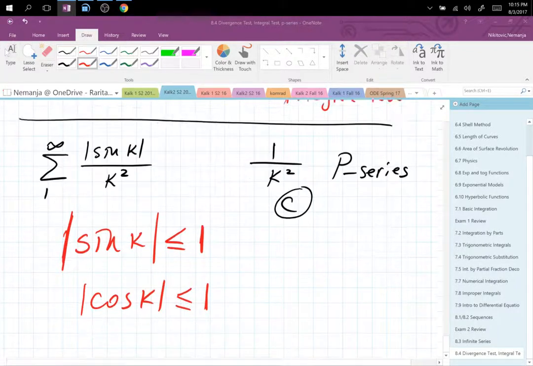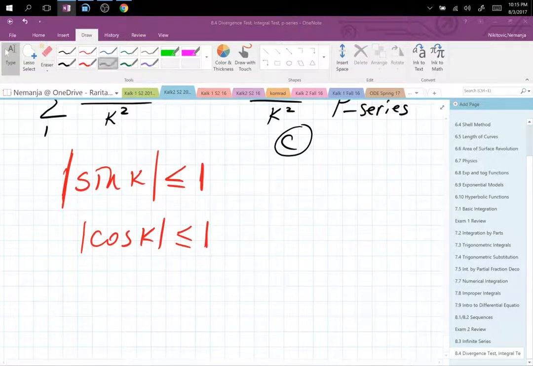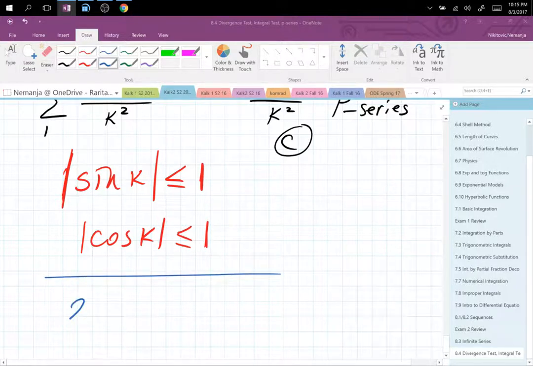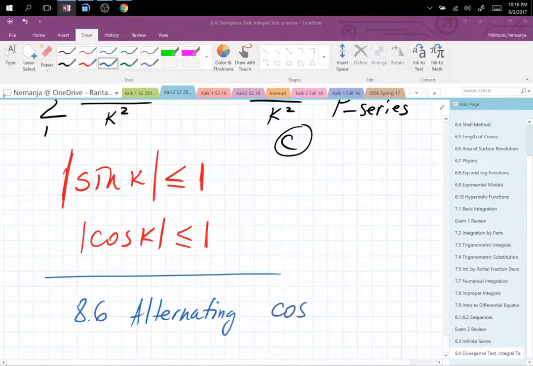Yes. There is a part that we are going to cover in section 8.6 on alternating series. You already saw this last class, where I gave you that cosine of n pi is the same as (-1)^n. This term creates an alternating series, which triggers a completely different situation.